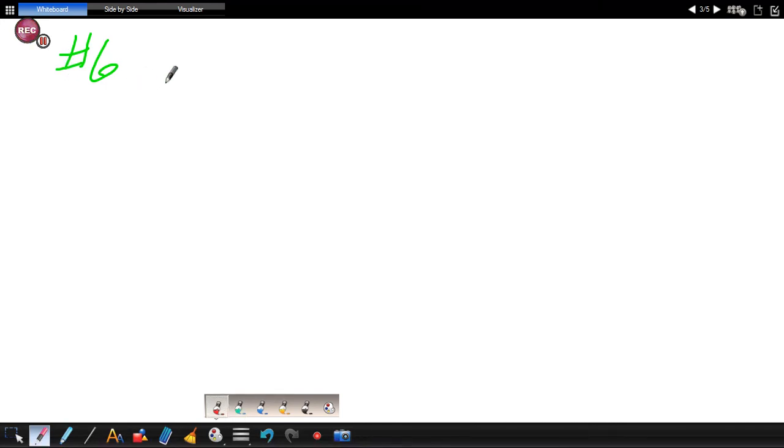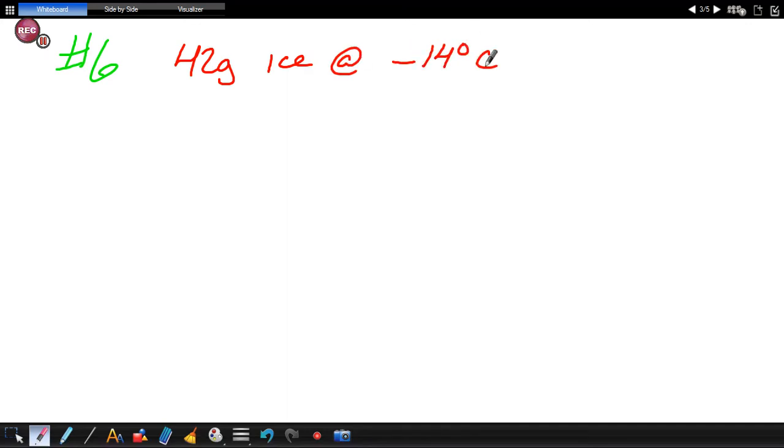Number 6 in the problem is we have 42 grams of ice at minus 14 degrees Celsius. And we want to turn it into steam at 112 degrees Celsius. Okay.